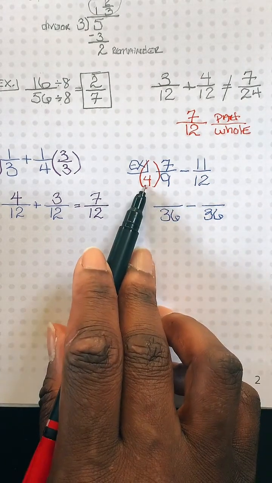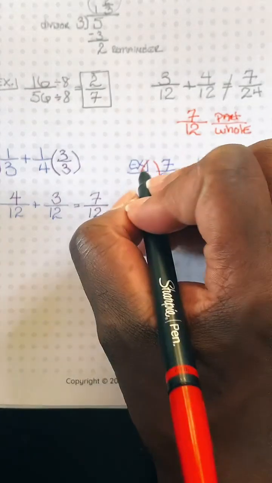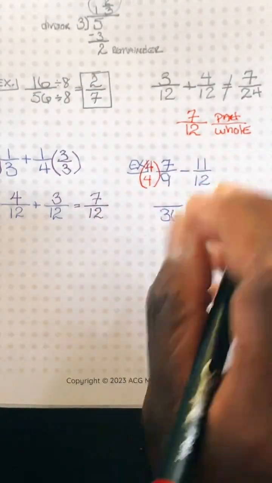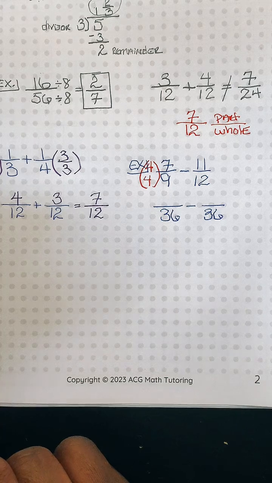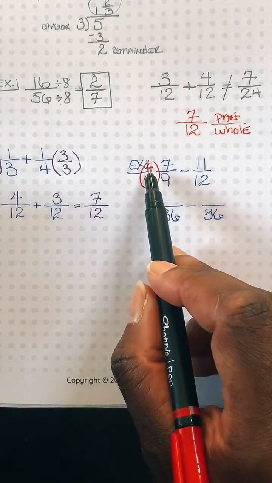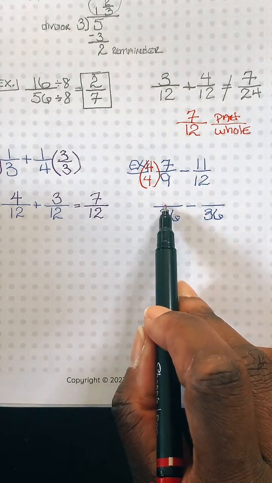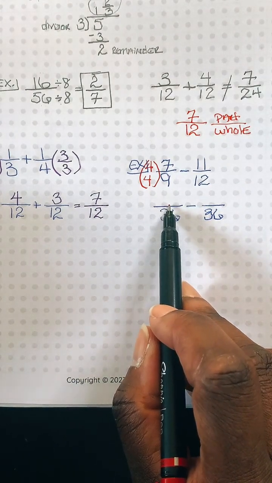So whatever I multiply the denominator by, 4, I'm going to multiply the numerator by 4. Are we okay? So 4 times 7 gives me what? What would my new numerator be?